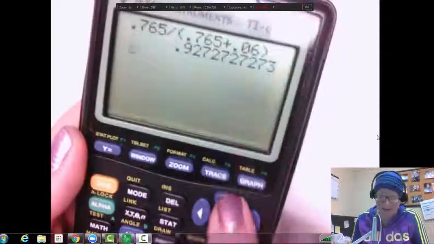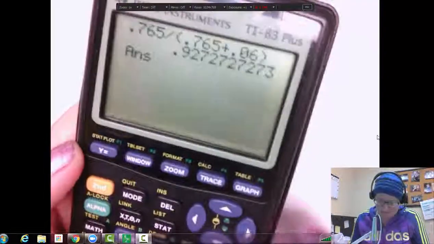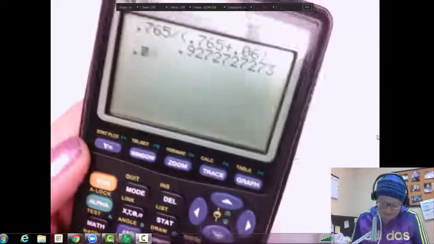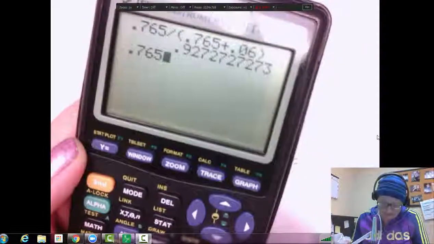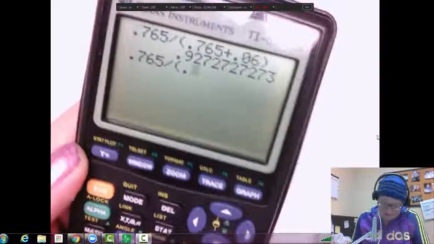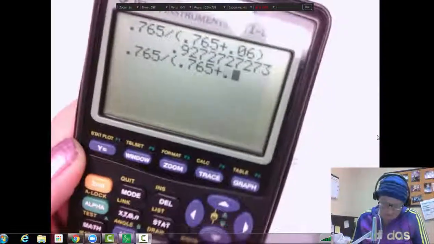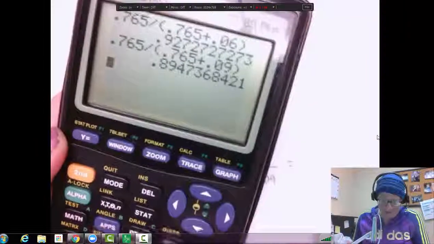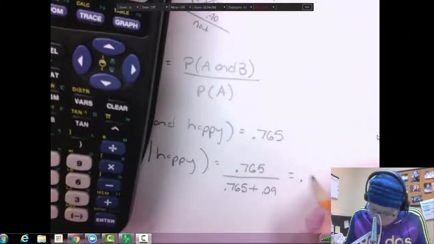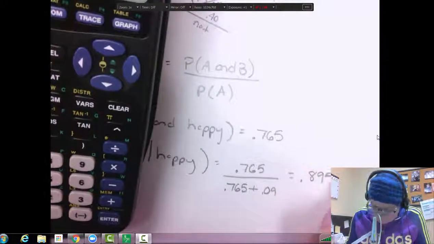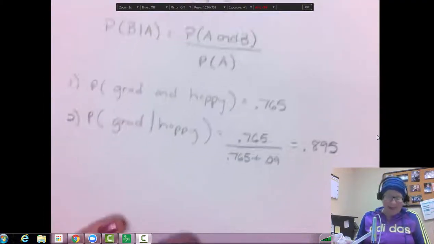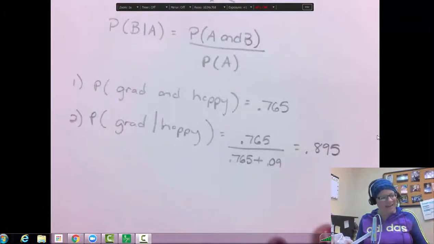I didn't get the same answer. Actually, oops. So 0.765 divided by 0.765 plus 0.09, not 0.06, is going to be 0.895. All right, or 89.5%.